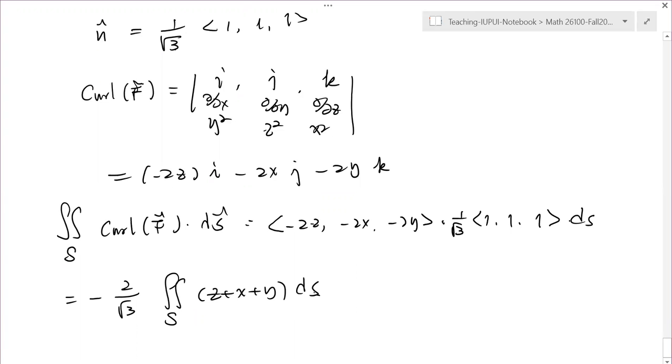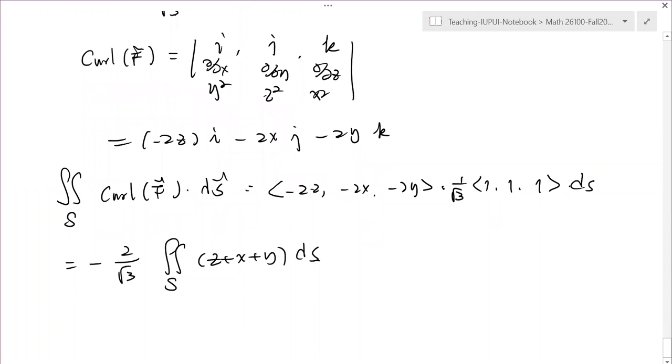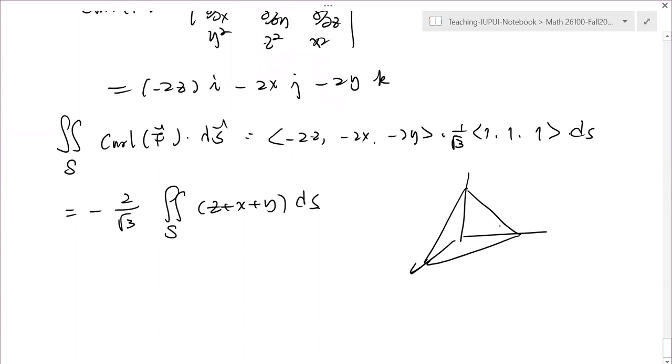The question is, are we lucky here? Actually, we are very lucky, because z plus x plus y is constant over that triangle. The reason is that the equation for this plane is x plus y plus z equals 1.